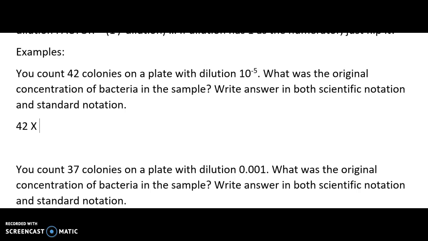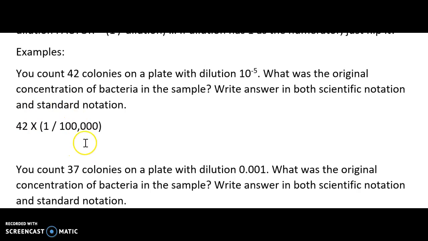What's that in terms of a fraction? Well, it's 1 divided by 10 to the fifth. And in standard notation, that number would be 1 followed by 5 zeros. 1, 2, 3, 4, 5. Helps to put commas in to see what that number is. It's 100,000.